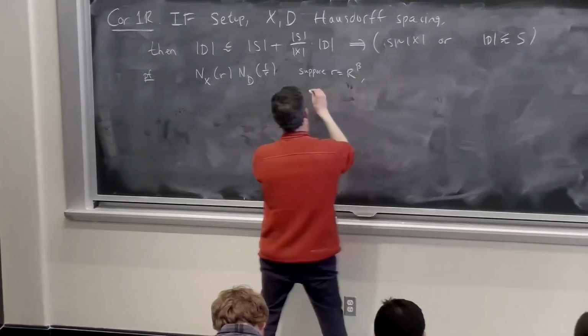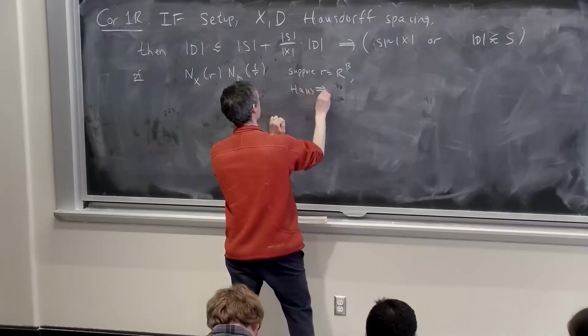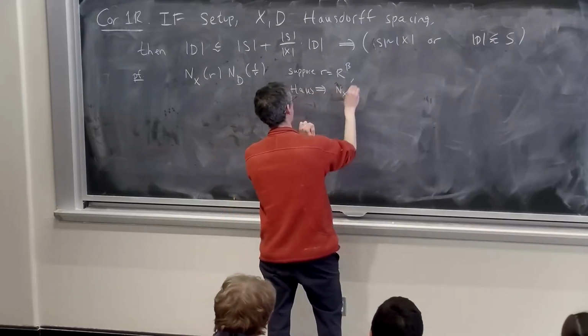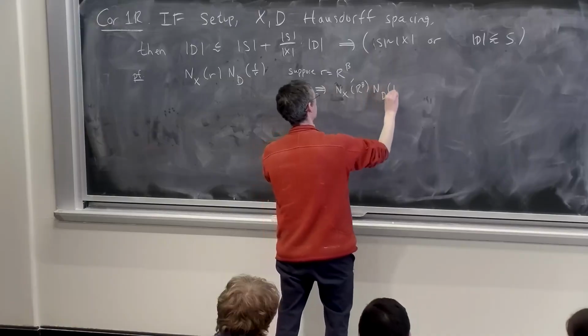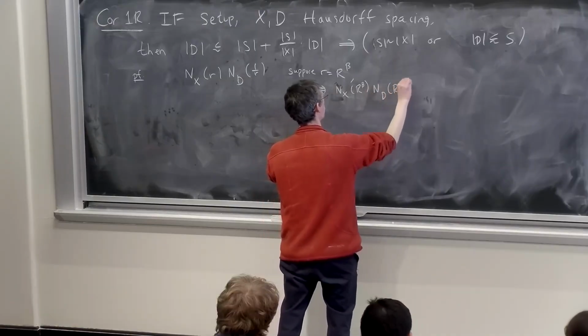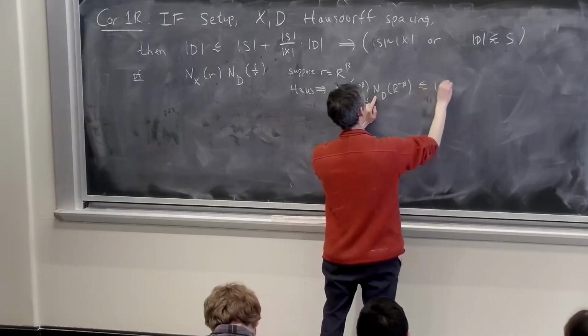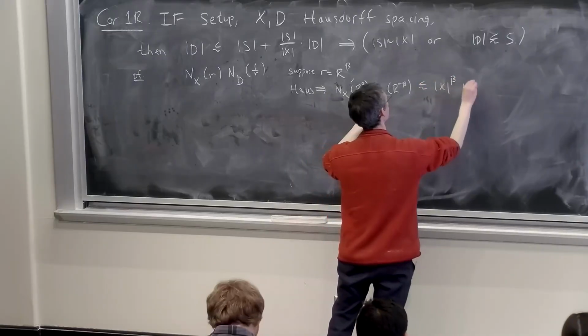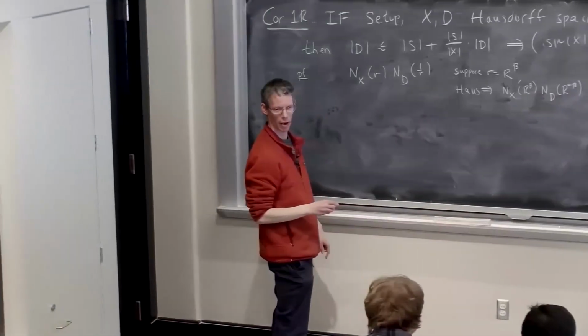And then being Hausdorff tells us that nx of r to the beta and d of r to the minus beta is bounded by x to the beta times d to the 1 minus beta. That's what being Hausdorff tells us.